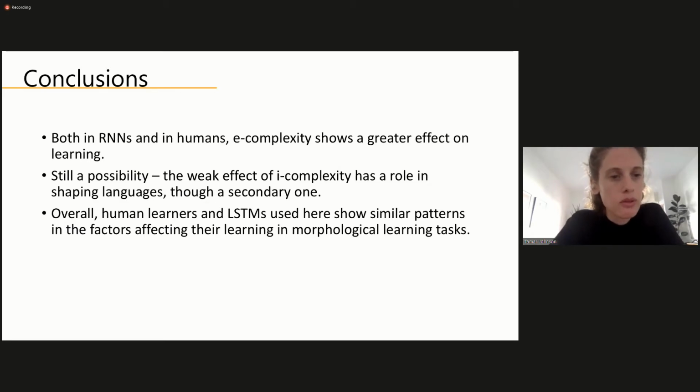And also, overall, we see that human learners and the LSTMs that were used here show similar patterns in the factors that affect their learning in morphological learning tasks. And I find it interesting that, and our future work is going to look more into how LSTMs learn morphological paradigms, to try and learn more about human learners in tasks where we see similarity in their performances.